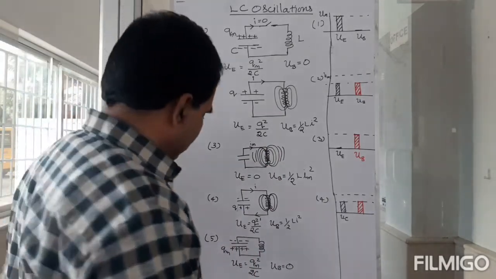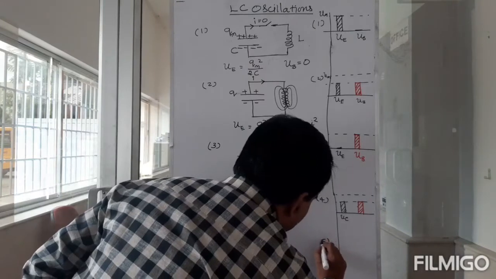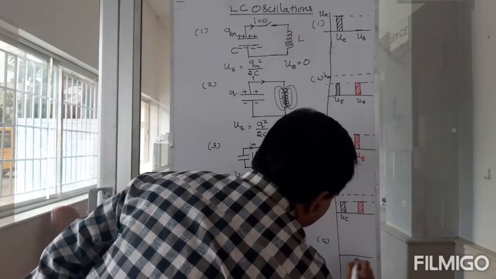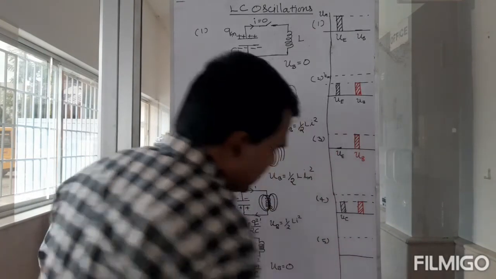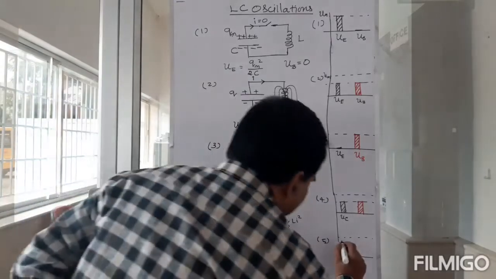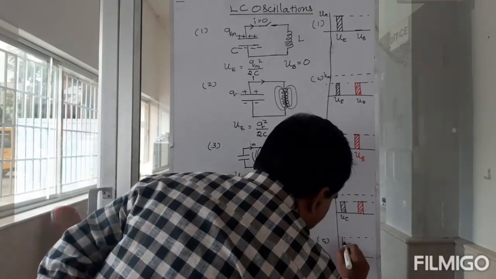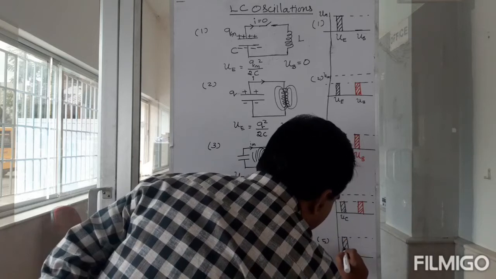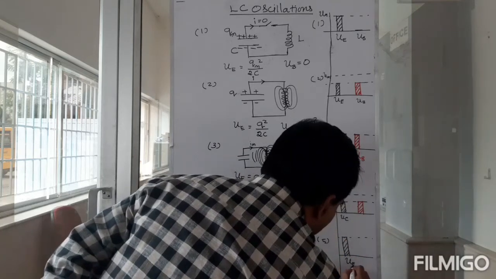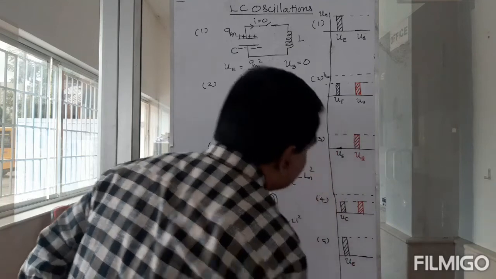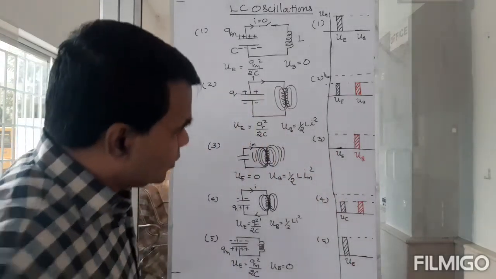Here this would be 5. So now I have everything in UE, and UB will be 0.